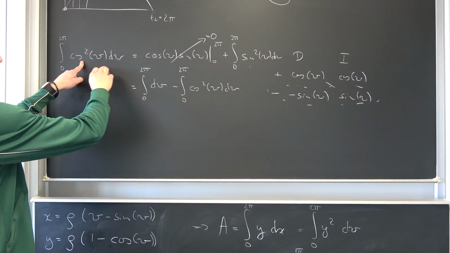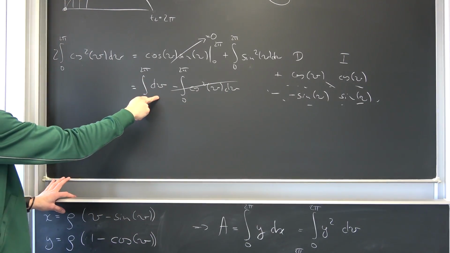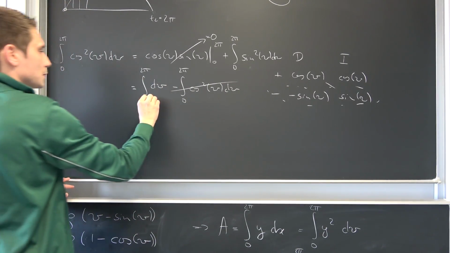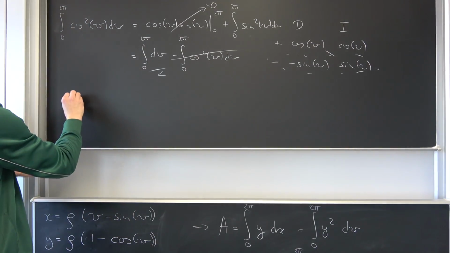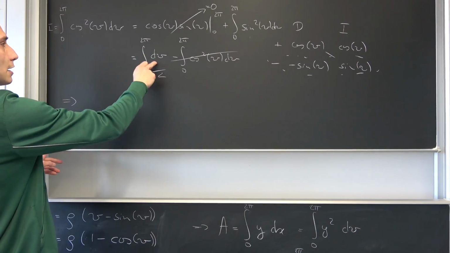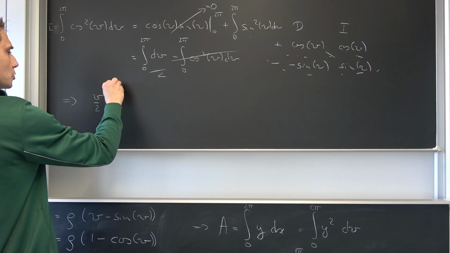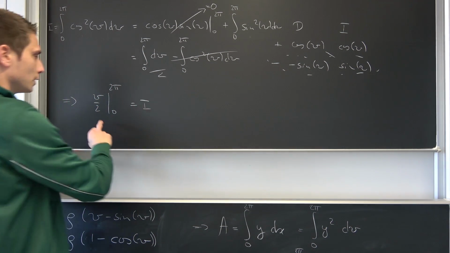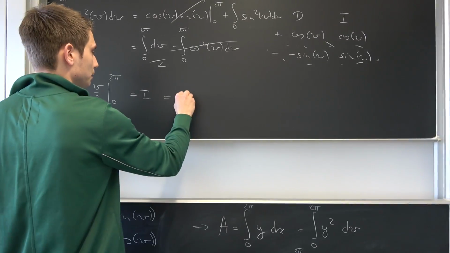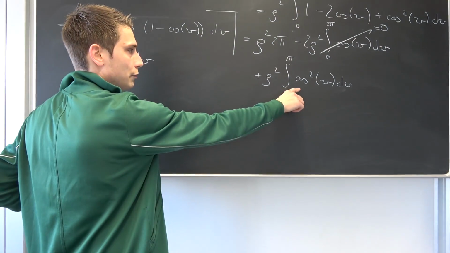We can add it on both sides to get 2 times this quantity being equal to this chunk. We can divide both sides by 2 to get that our desired integral I is nothing but theta over 2 from 0 to 2 pi. It's going to give us just pi. This is our integral that we have right here.